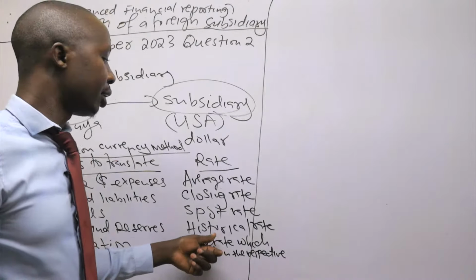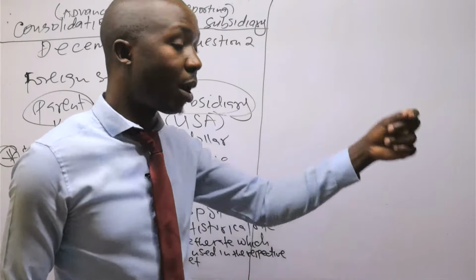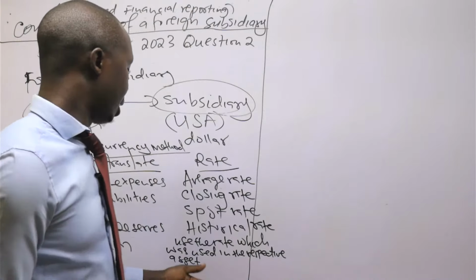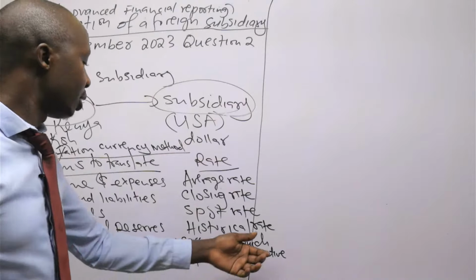Then for the historical rate, it is the rate which is prevailing as at the date when the subsidiary was acquired. Then for depreciation, it's self-explanatory that I use the rate which was used to translate the respective asset.